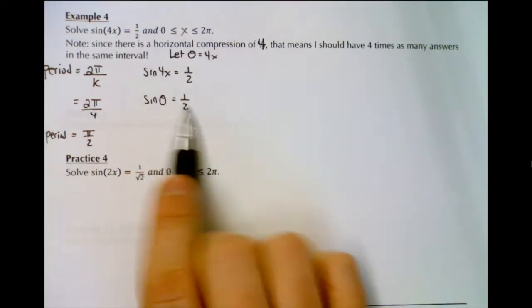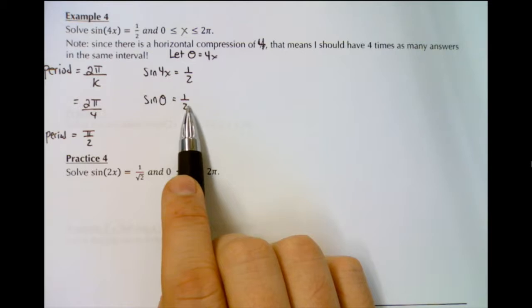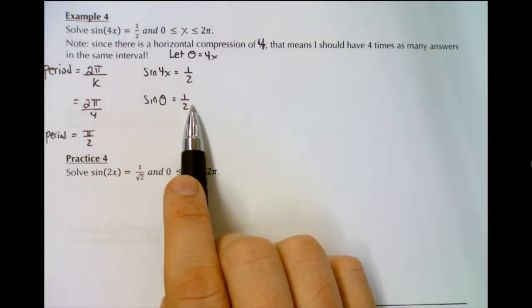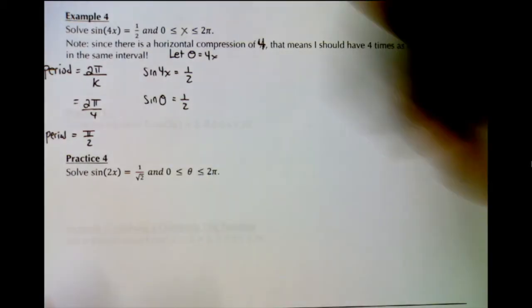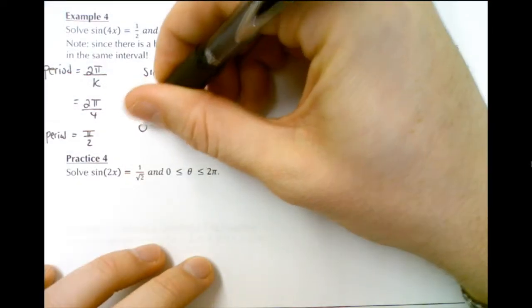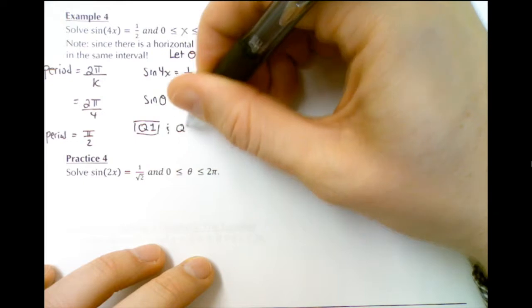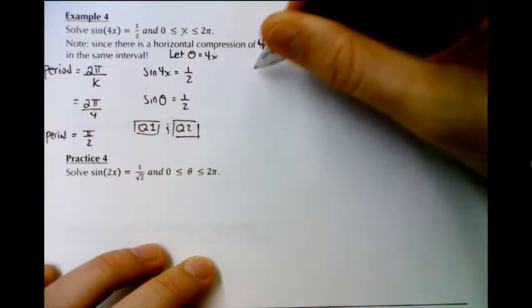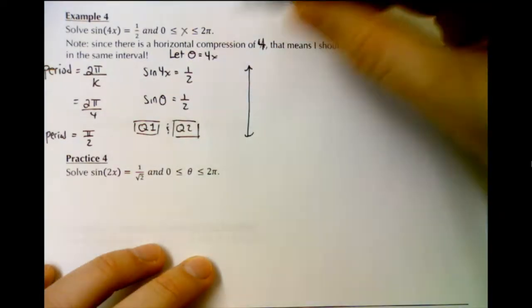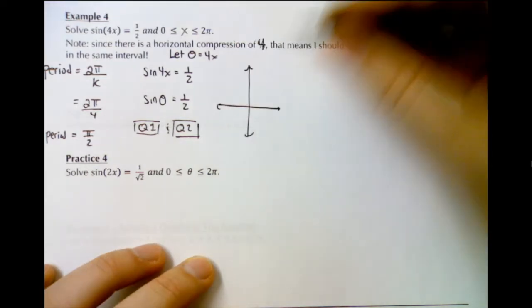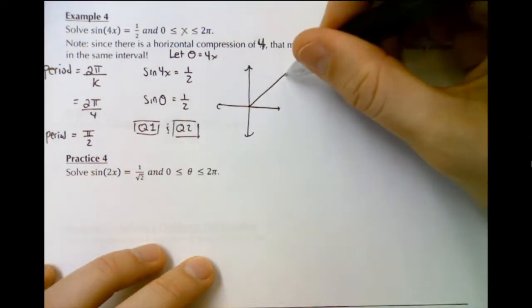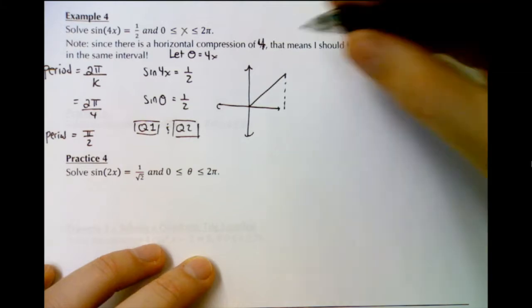We've solved an equation like this before, sine theta equal to 1/2. We ask ourselves, where's sine positive? Well, sine is positive in quadrants 1 and 2. So our answers are going to be in quadrant 1 and quadrant 2. So we'd start by graphing in quadrant 1 and we'd label our triangle.